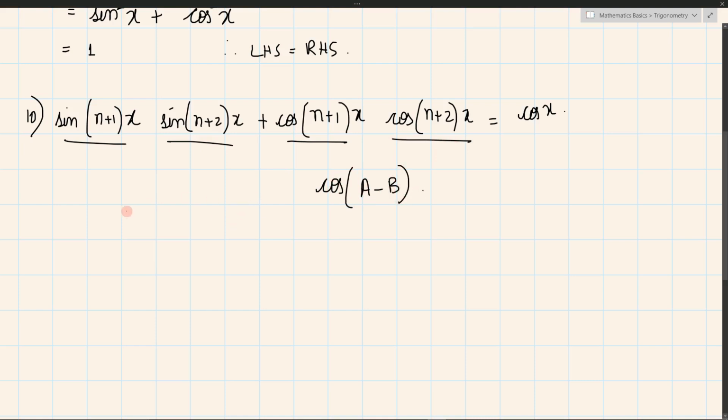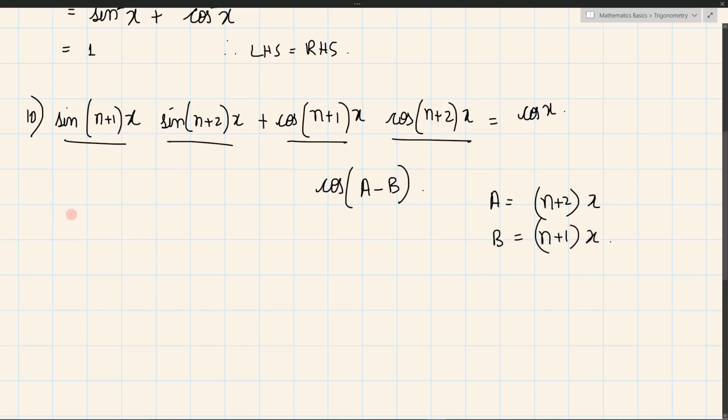So let us write this in terms of this. Here what is A? A is nothing but n plus 2 of x, and B is equal to n plus 1 of x. It doesn't matter, right?